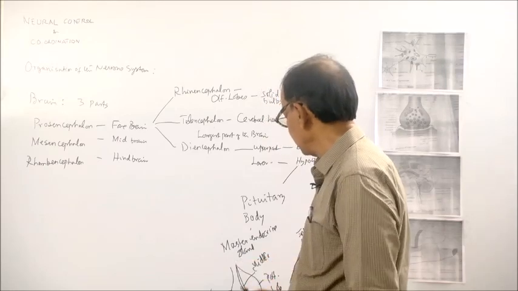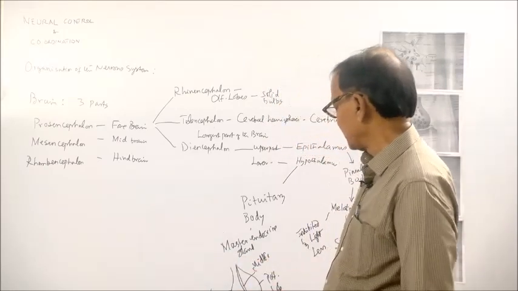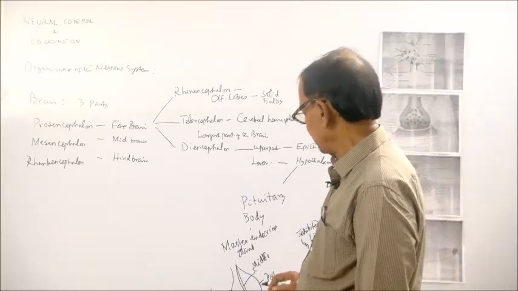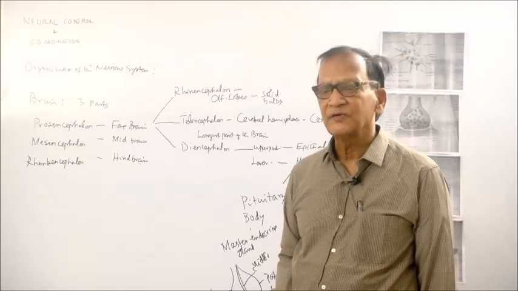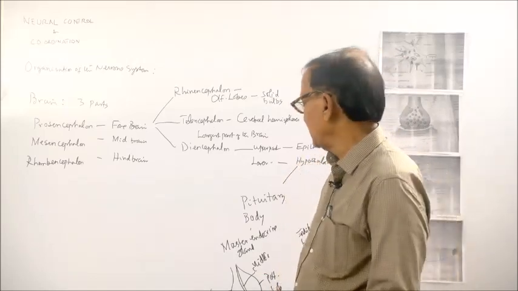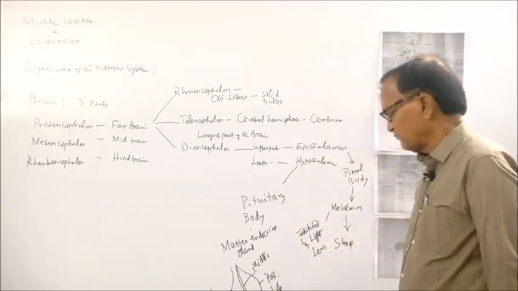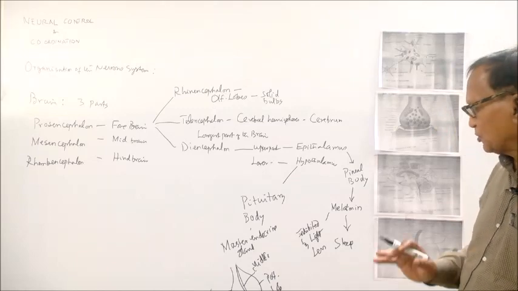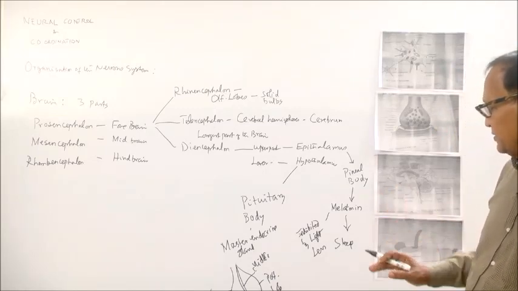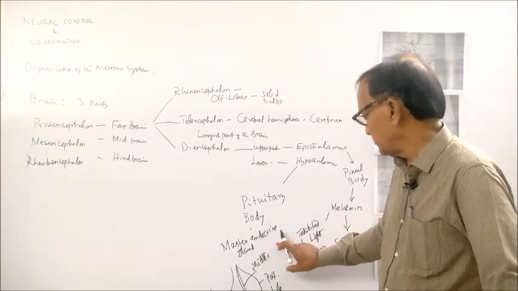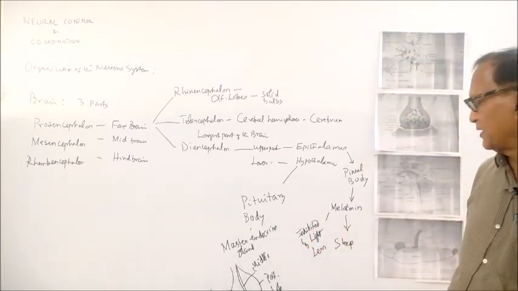So this is the rough structure of the pituitary body, and together these 3 lobes secrete a number of important hormones that have controlling functions on almost all organs in the body. That is why the pituitary body is known as master endocrine gland.